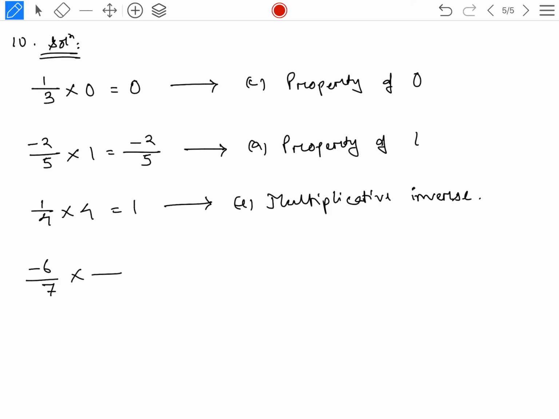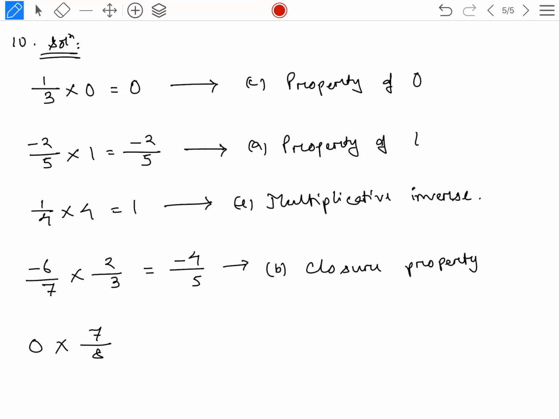Okay, the next one, minus 6 by 7 into 2 by 3 equal to minus 4 by 5. What is the name of this property? It is closure property. According to closure property, whenever any operation is performed between two rational numbers, the answer that we get is another rational number.